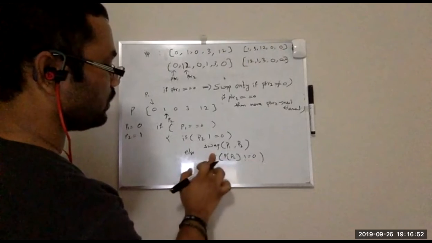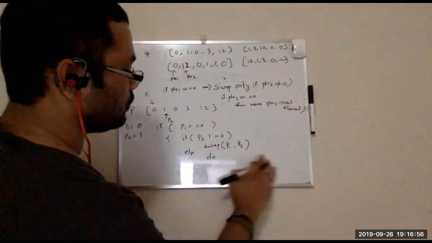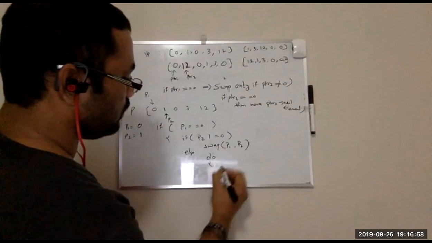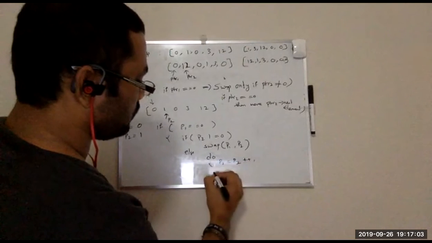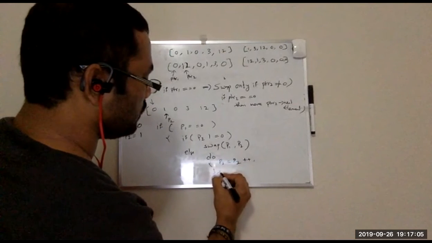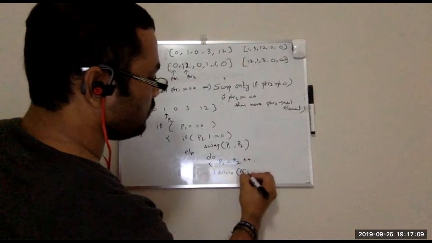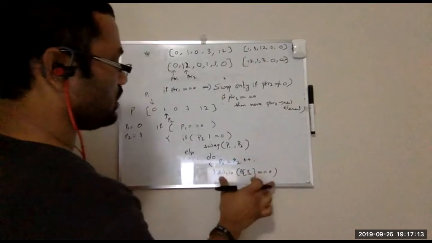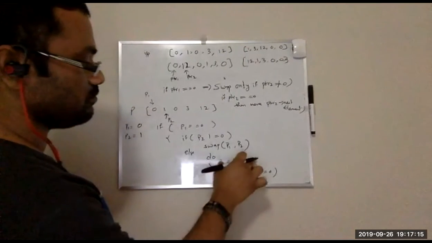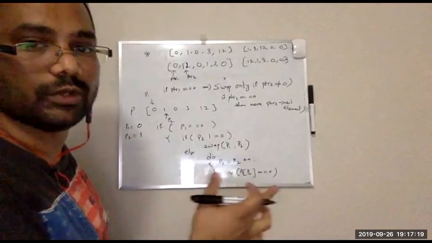So we have a do-while condition. First we do P2 plus plus, and we do this while the value of P2 is equal to 0. Until this condition fails, we'll just move our pointer to the non-zero element.